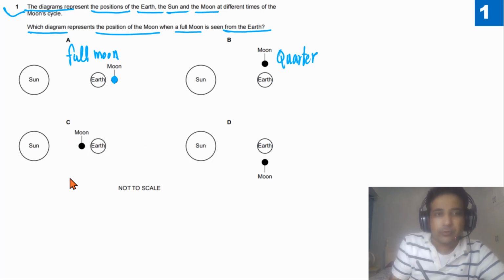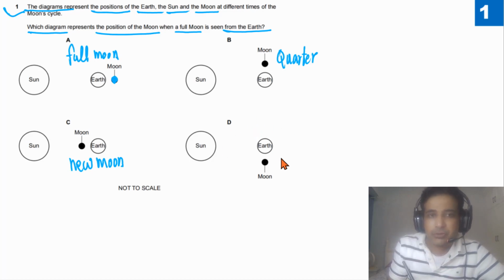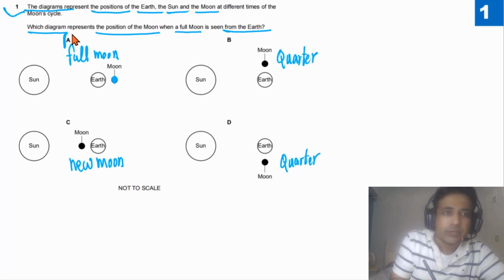In option C, we will see the new moon, meaning we will not see the moon at all. And in option D also we will see a quarter of the moon. So the answer for this question has to be A.